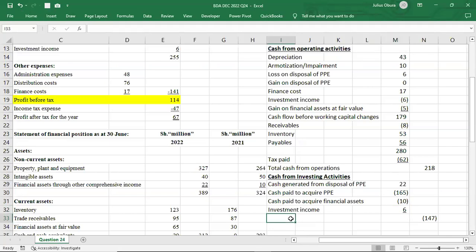So that's our cash from investing activities. We now go to cash from financing activities, the very last section.